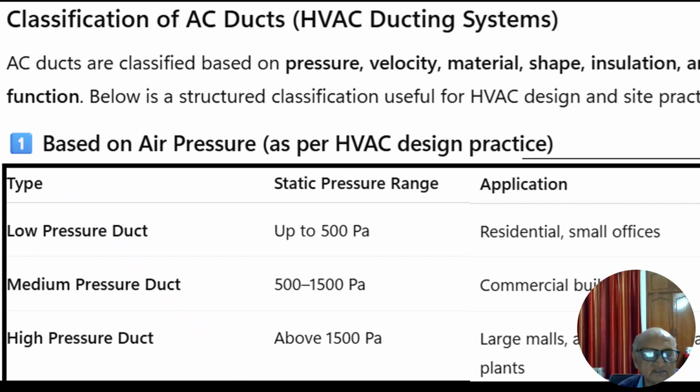Medium pressure ducts, 500 to 1500 Pascal, are used in commercial buildings, and high pressure ducts have a static pressure range of above 1500 Pascal, and these are deployed in large malls and industrial applications.